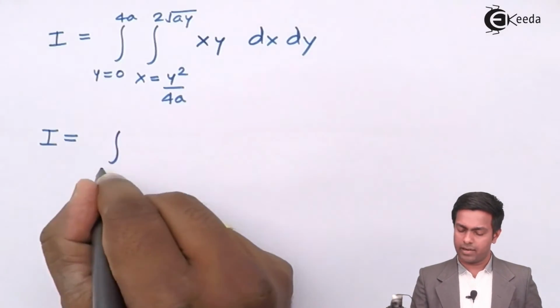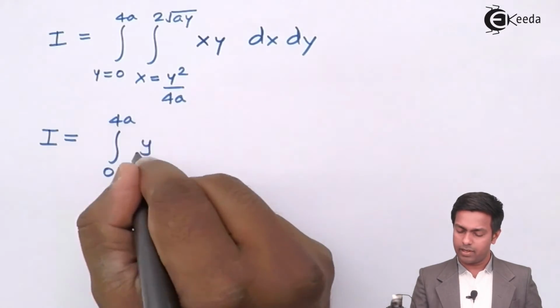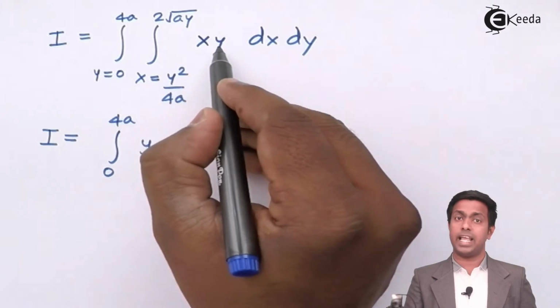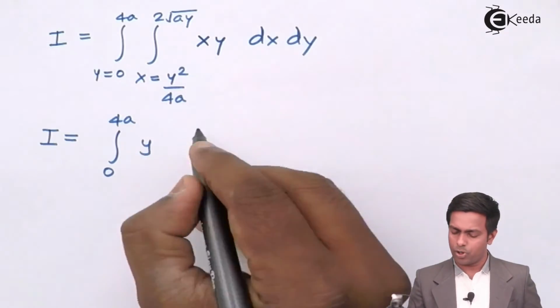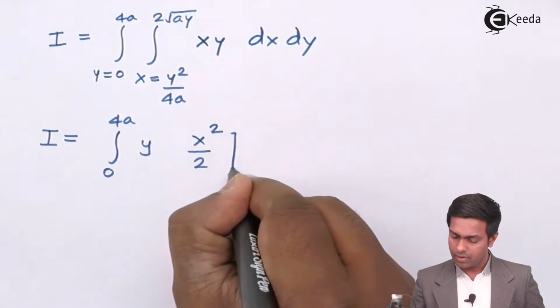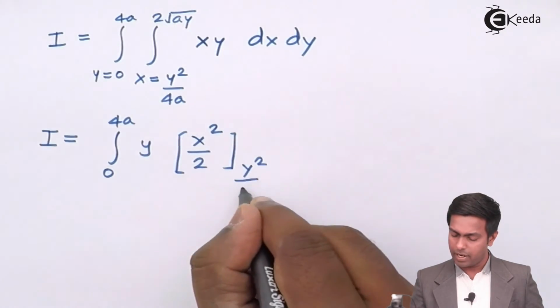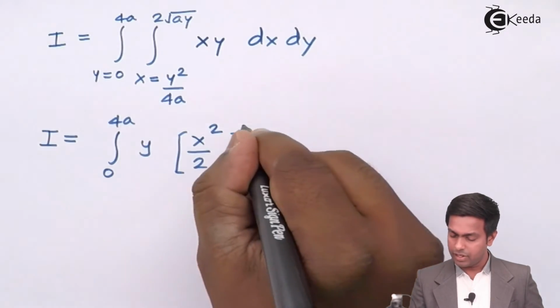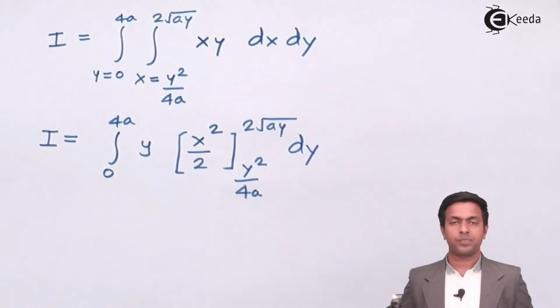So here y is from 0 to 4a. I'll take this y outside and in the integration only x will remain. The integration of x is x square by 2, and the limit is from y square by 4a till 2 root of ay, dy.